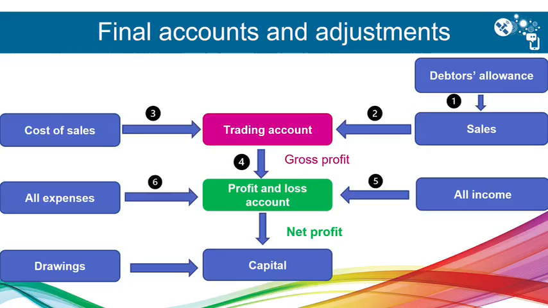Then we calculate the net profit by taking gross plus income minus expenses, transfer that to the capital account, and then drawings to be closed off to the capital. So if you remember this, you will always be able to do the closing transfers and know the format of your trading account and your profit and loss account.